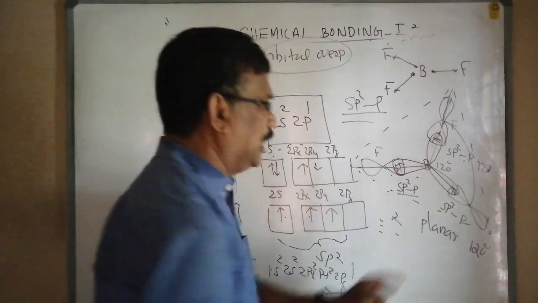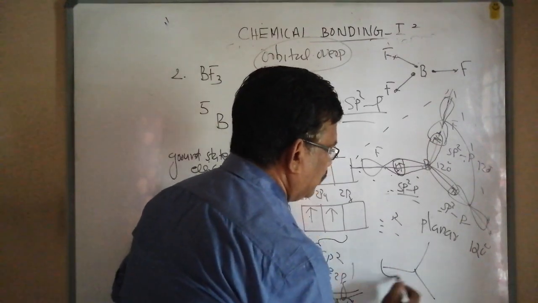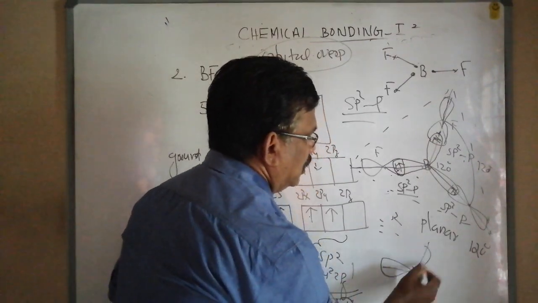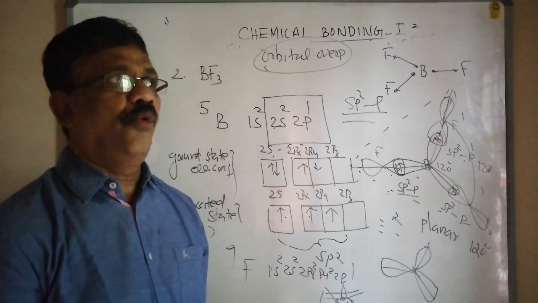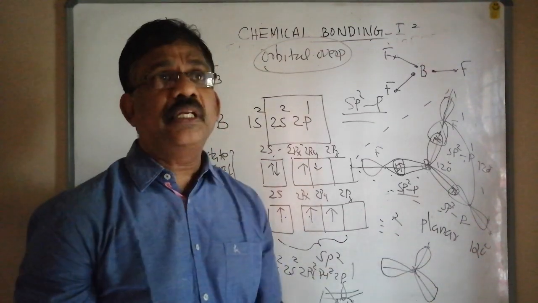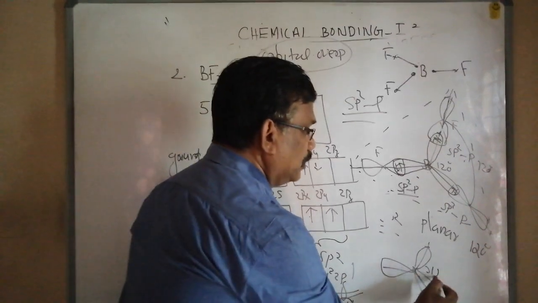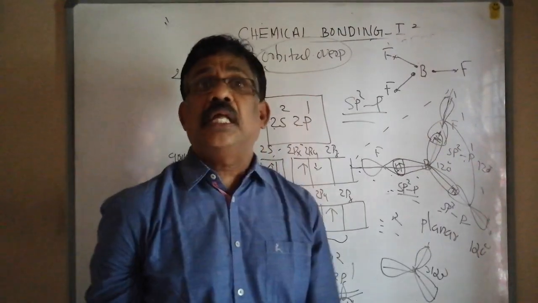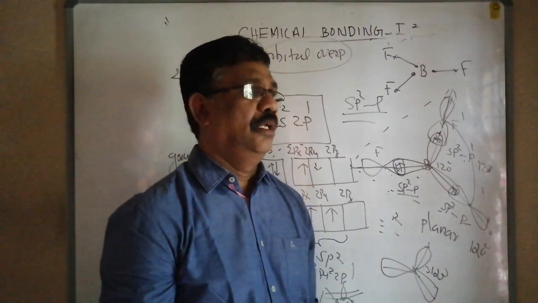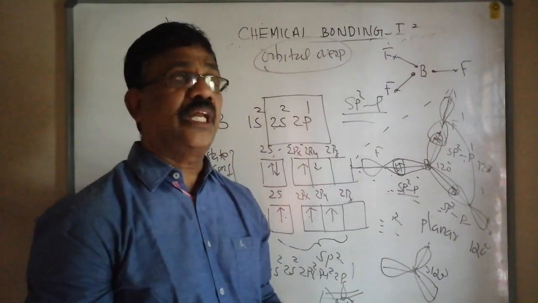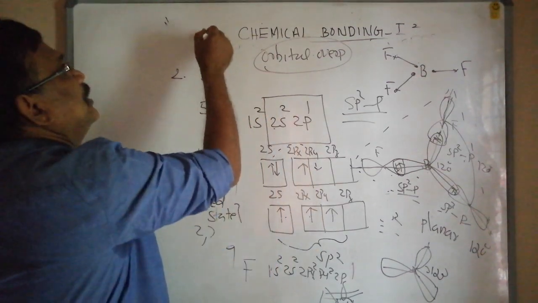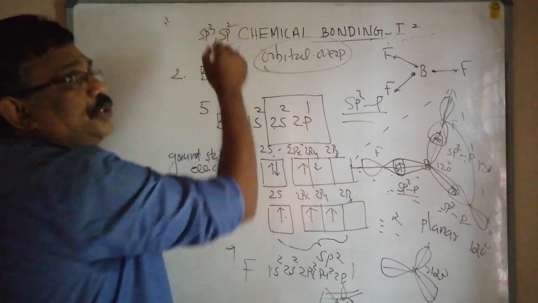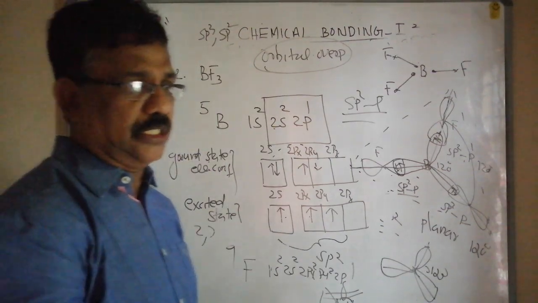Here 3 hybrid orbitals are formed, oriented along the 3 coordinates of an equilateral triangle with a bond angle of 120 degrees. That is sp2 hybridization. A suitable example is boron trifluoride. So far we have discussed 2 hybridizations, sp3 and sp2.